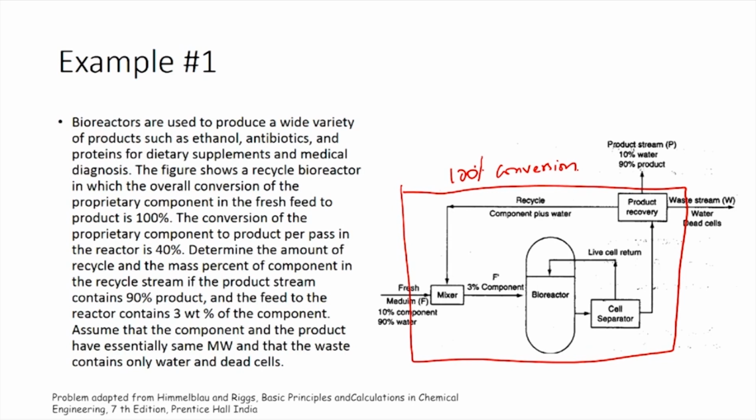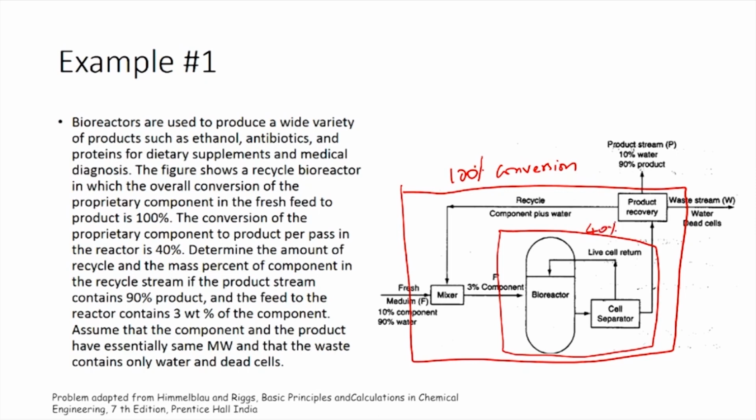We have also been told that there is 40% conversion for the proprietary component which passes through the reactor a single time. So, this particular system which we choose, where the component actually passes through the reactor only once, is called the single pass conversion, and here the conversion is 40% only.